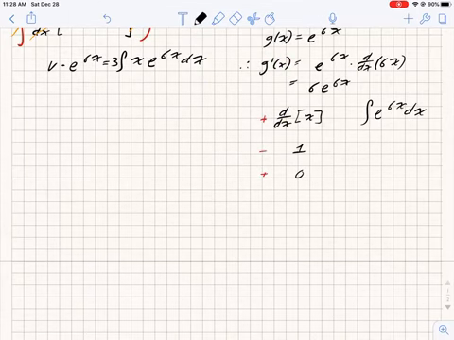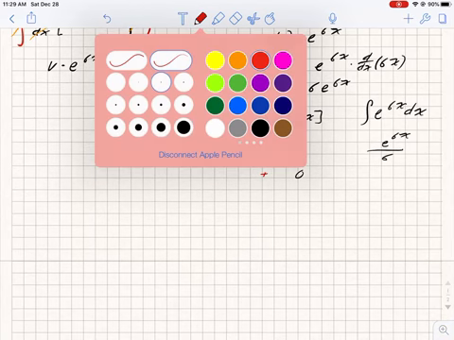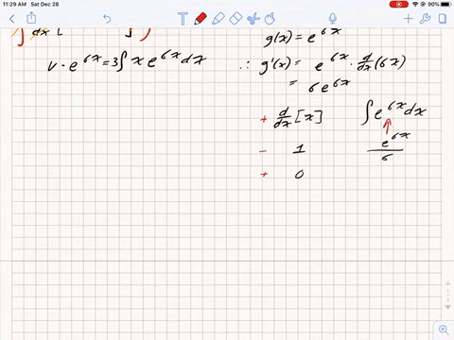And taking the integral of e to the 6x, the easiest way to do this is you take the derivative of e to the 6x, which is 6e to the 6x, but I need to divide by 6 in order to get back up here.